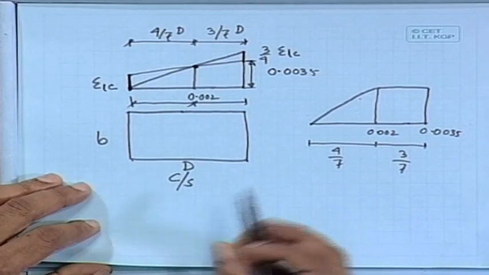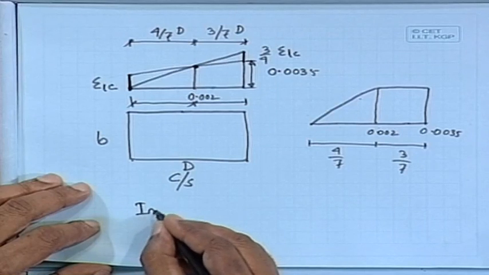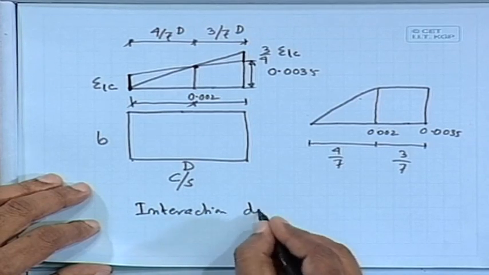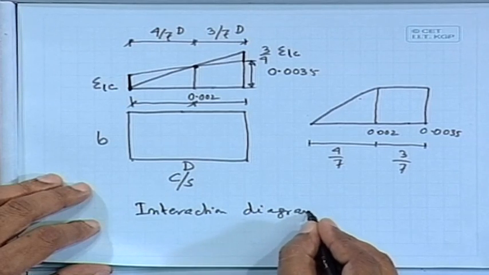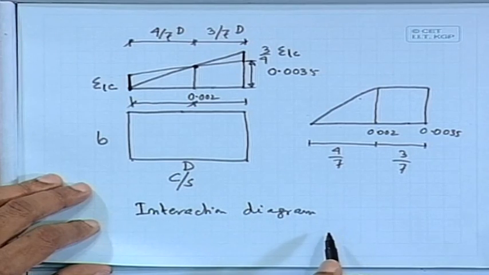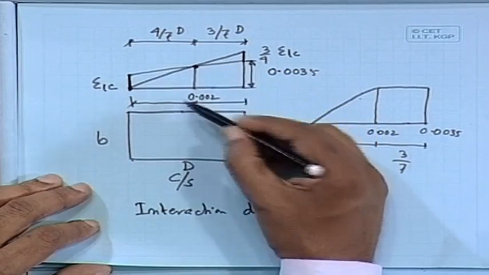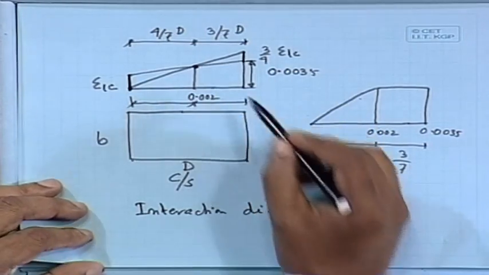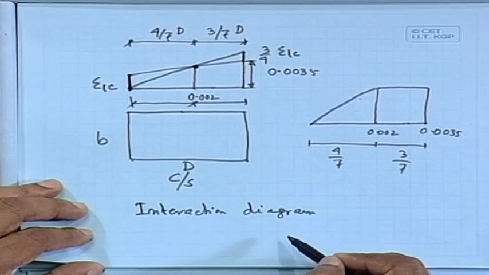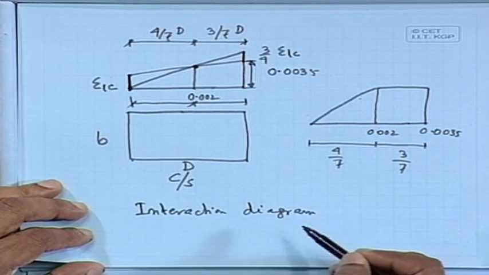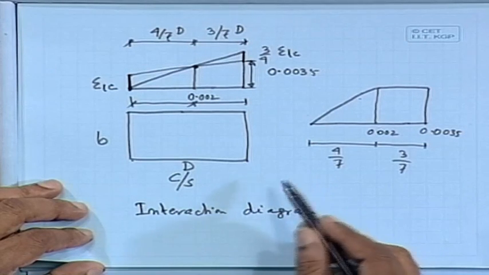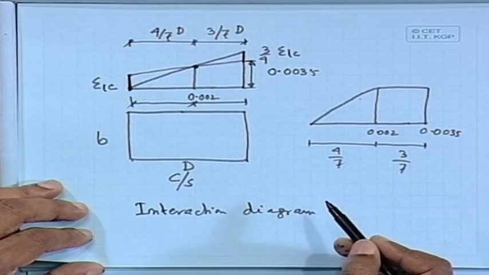That is called your interaction diagram. We can find out an interaction diagram on the basis of this strain diagram, and it will be useful for design of columns for uniaxial bending cases. Similarly, we can go for biaxial cases also.